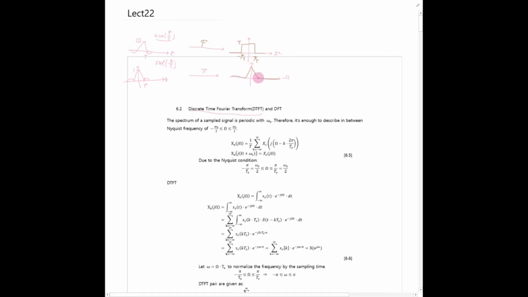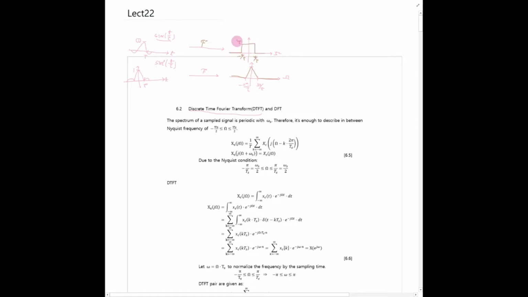What is this corner? By taking the convolution, this corner will be 2 pi over tau, and this one will become minus 2 pi over tau. And what is the peak value? The peak is the fully overlapped case.